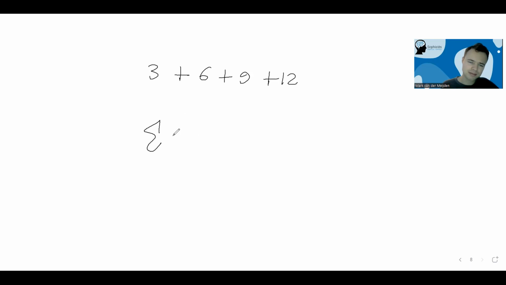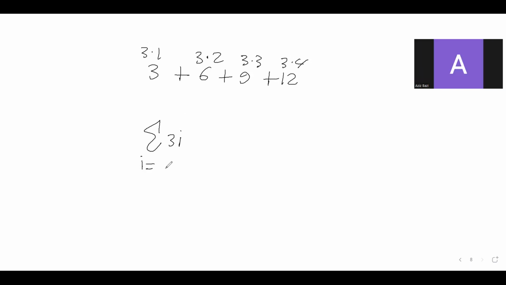Anyone knows? 3i. Yeah, 3i, very good. And then here you would get 3 times 1, right? 3 times 2, 3 times 3, 3 times 4, right? So what is the starting value for i? 1. And the ending value? 4. Very good.